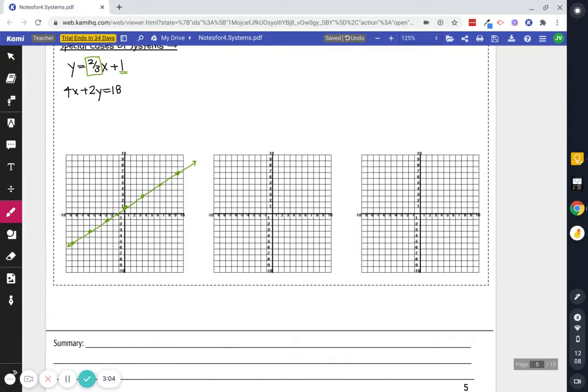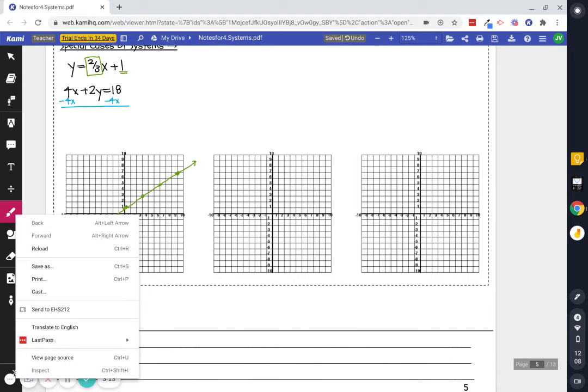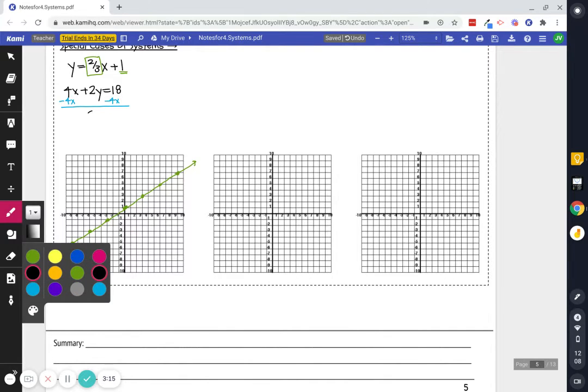The next one, let me solve it for y like we did last chapter. By getting y alone, subtracting 4x to start, and then dividing everything by 2, and getting y equals negative 2x plus 9.